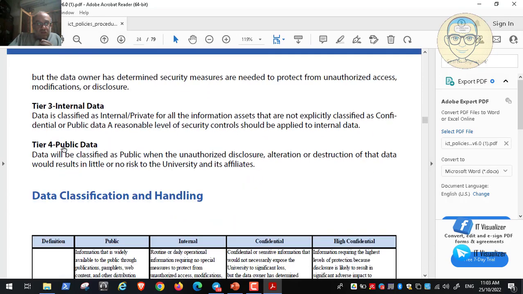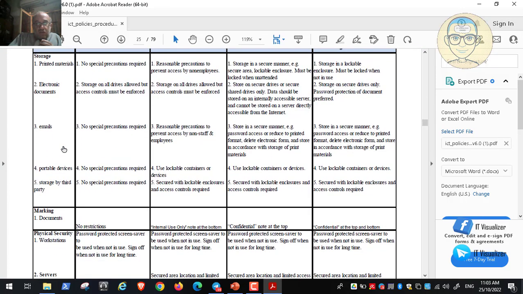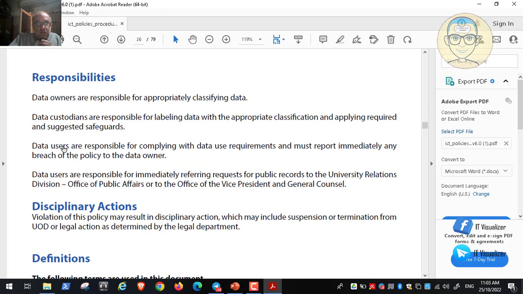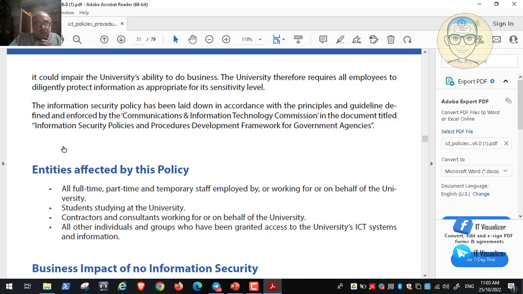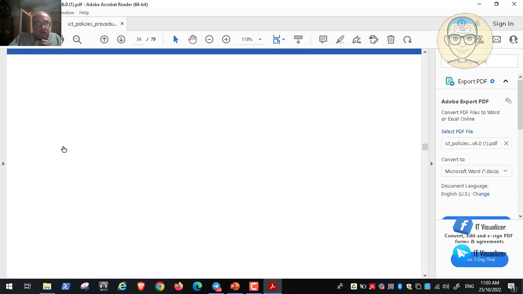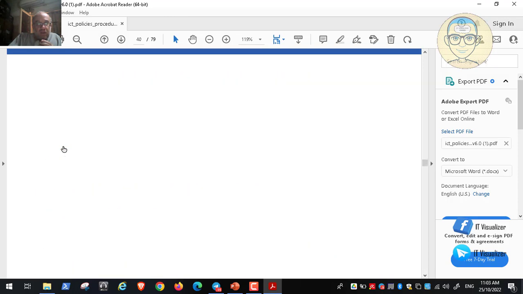Okay, benefits, data classification and handling. Okay, storage. Okay, responsibilities, information security policy. No, I think there is one for the data retention. Let me try to search here.